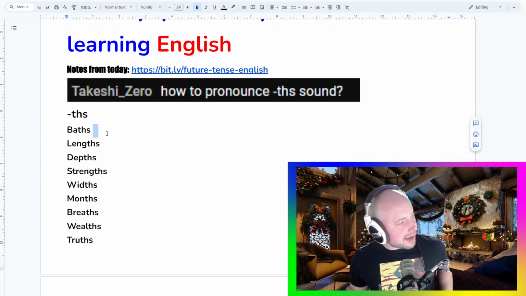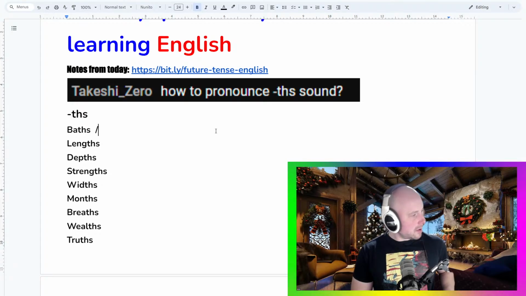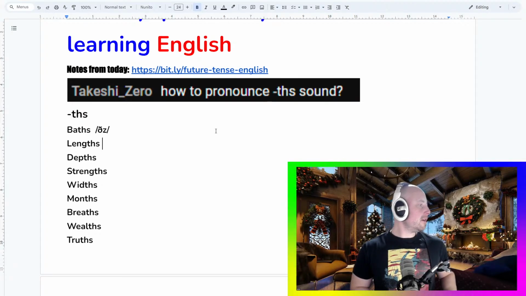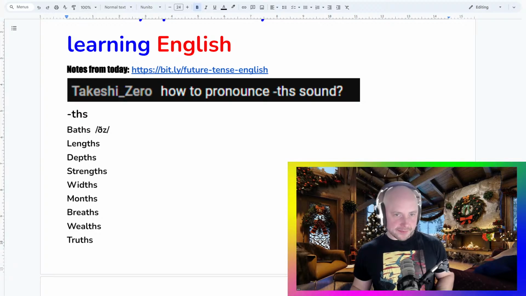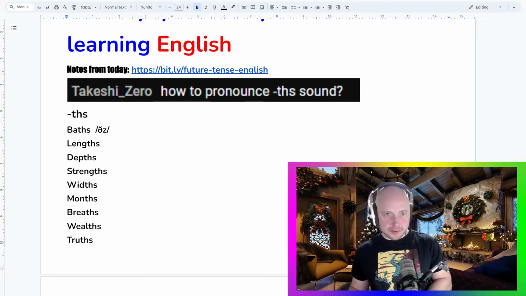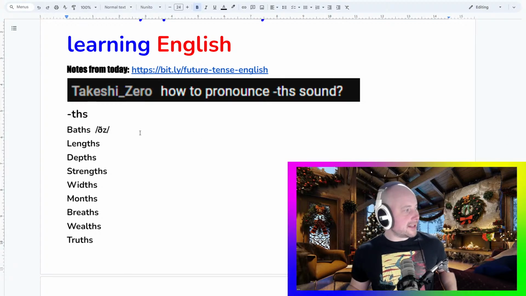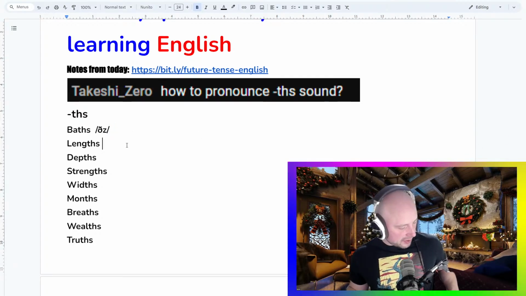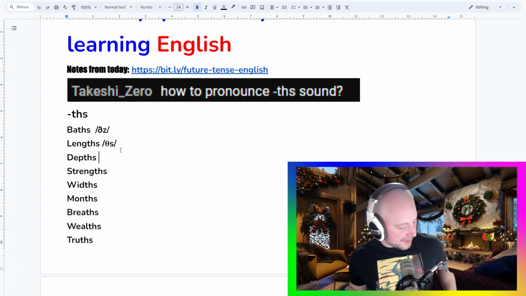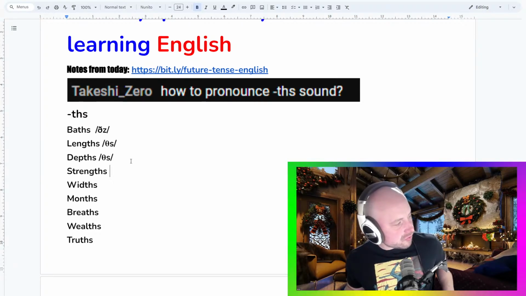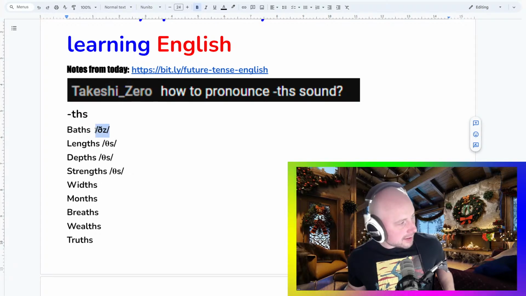And if you want the phonemics there, that's how it goes. We've got lengths, with th. And that's just the unvoiced version. Depths, strengths, widths. That's that one.